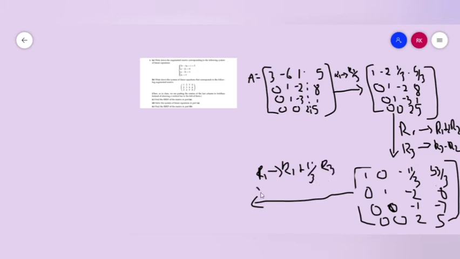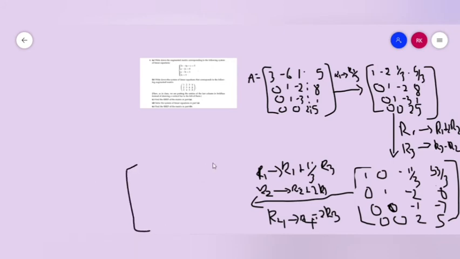Then R2 goes to R2 minus 2 R3. Then R4 goes to R4 minus 2 R3.